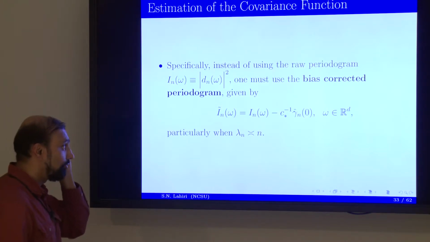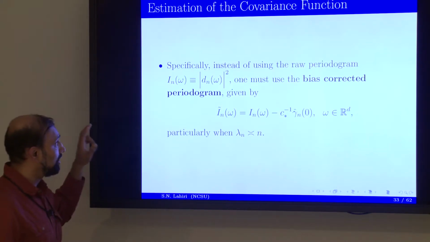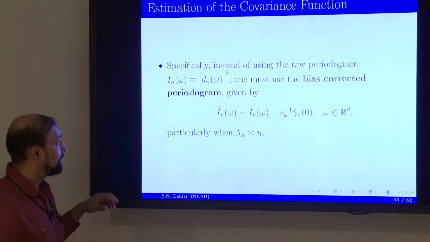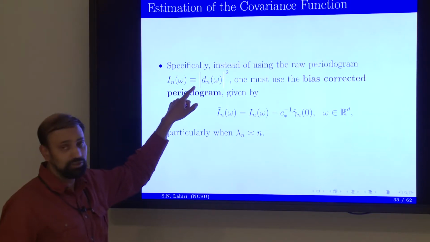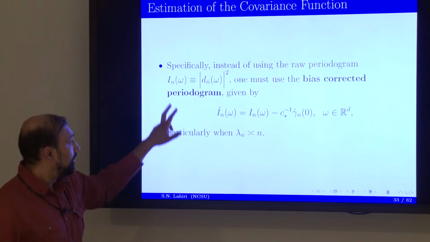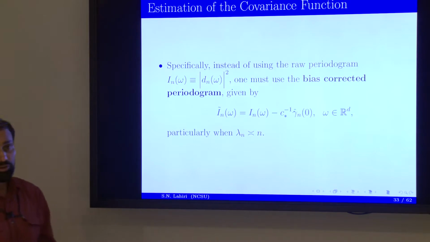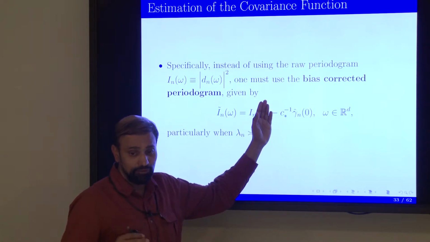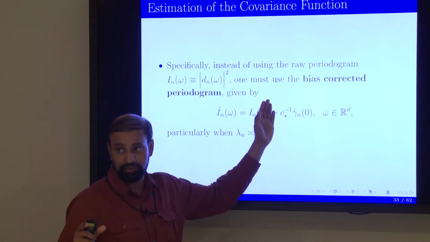All right, so the standard quantity that people do use to estimate the spectral density in the regularly spaced case would be the periodogram, which is again the modulus of the DFT squared. And this is not a good quantity to use in the unevenly spaced case. What you should be using is In of omega, but now you're adjusting for the first term that appears in there.